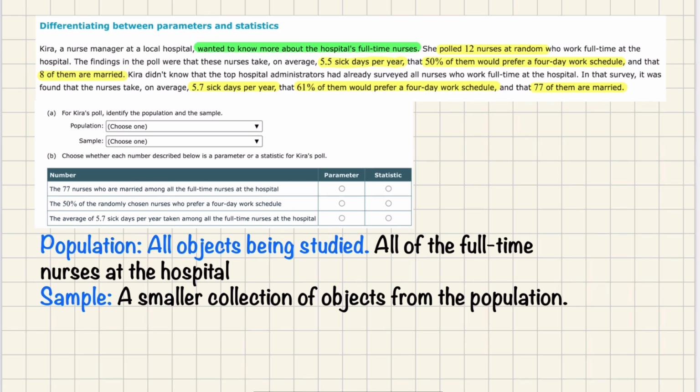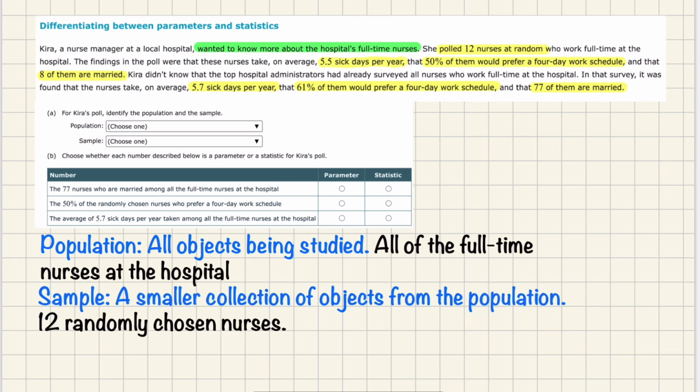So if the population is all of the objects being studied, then the population would be all of the full-time nurses at this hospital. And then we know that the sample is a smaller collection of those objects from the population, and we were told that Kira polled 12 nurses at random. So those 12 randomly chosen nurses would be the sample.